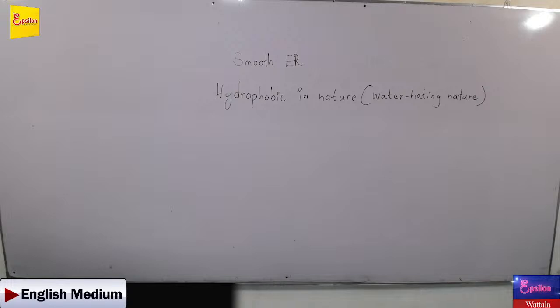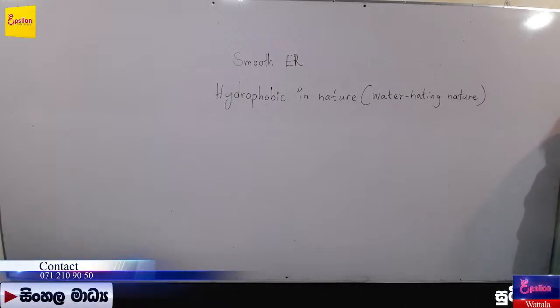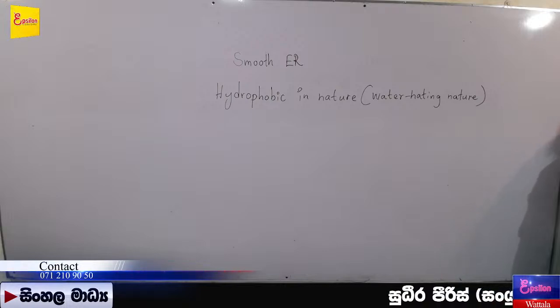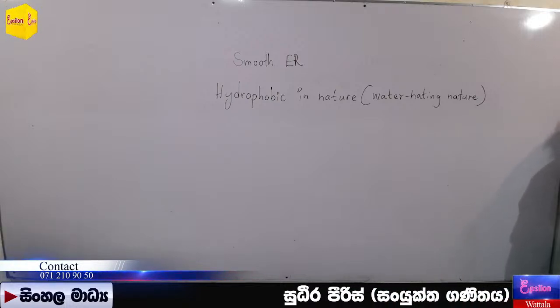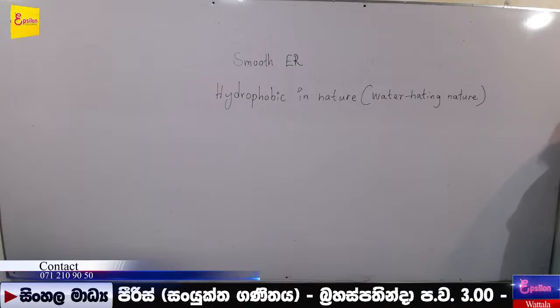Alright, the next question's answer I told just a while ago, so you can write it alone. Write that answer there. Why are lipids not considered as biopolymers or macromolecules?